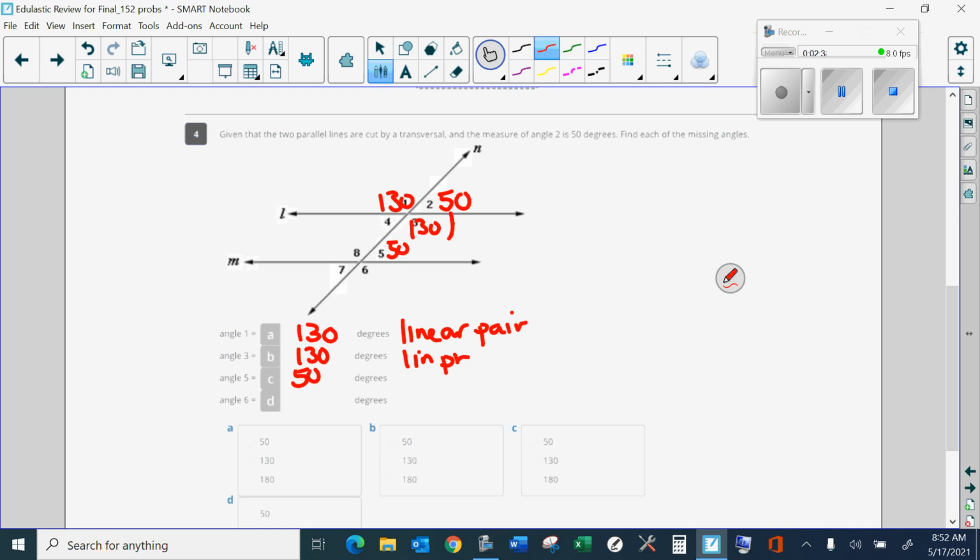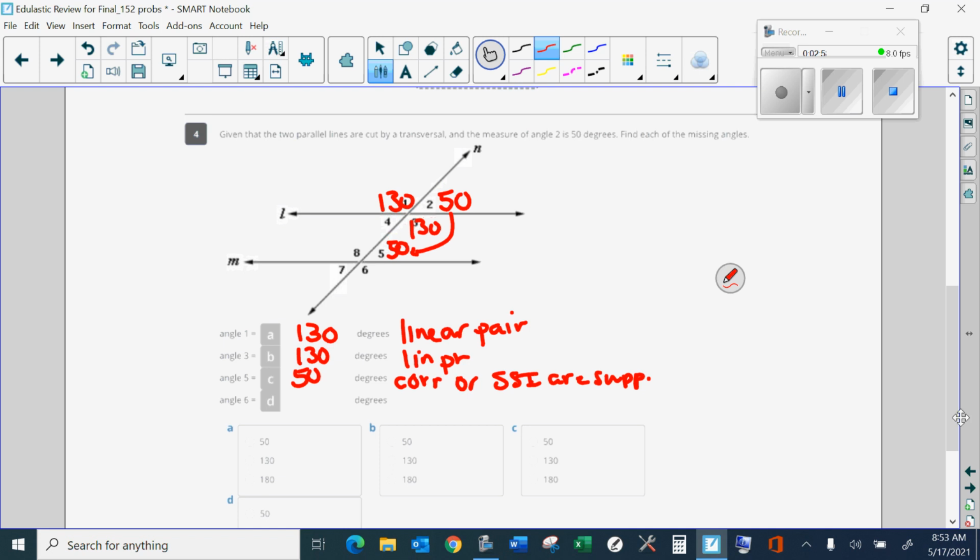And you can go either by corresponding or by consecutive interior angles are supplementary, or same side interior angles are supplementary. Remember, DCAS often likes consecutive interior angles.